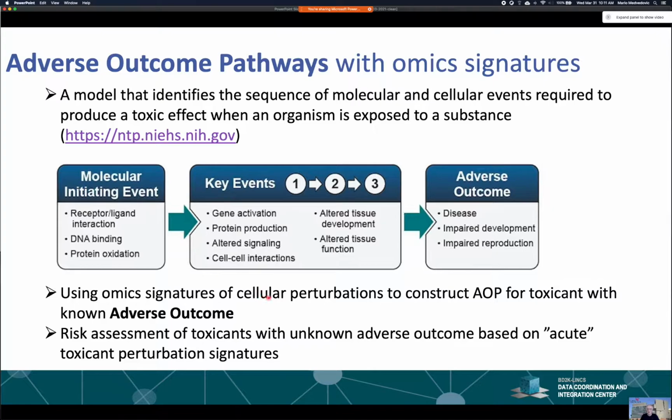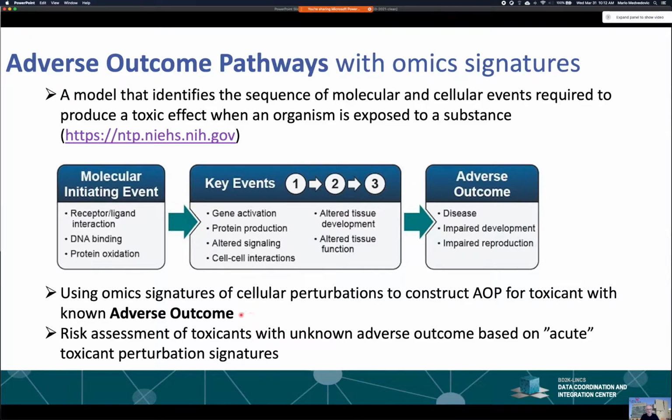And we're going to use them to compare to the signature of the toxicant for which we're trying to construct an adverse outcome pathway, and basically try to list all these molecular initiating events and then subsequent changes in the functioning of the cell, all the way to the actual adverse outcome for a toxicant for which we are given a perturbation signature.